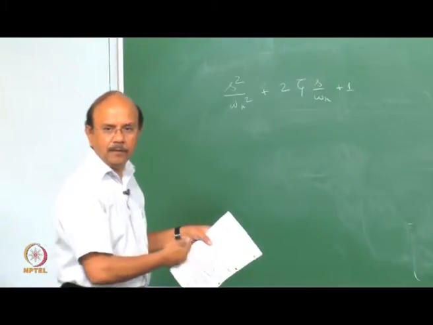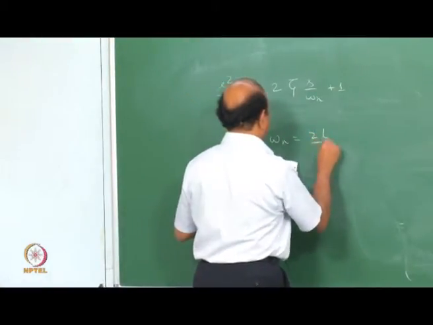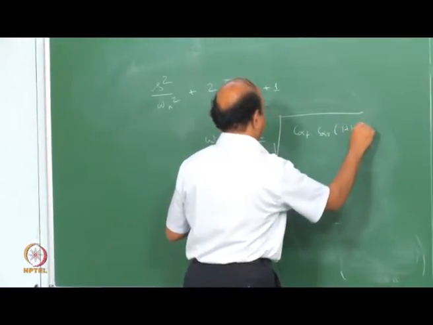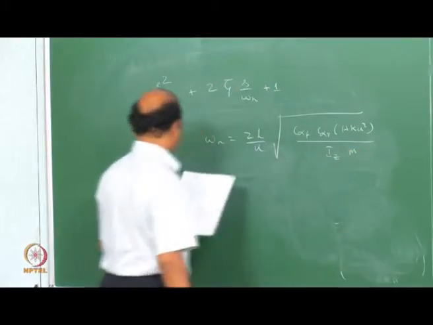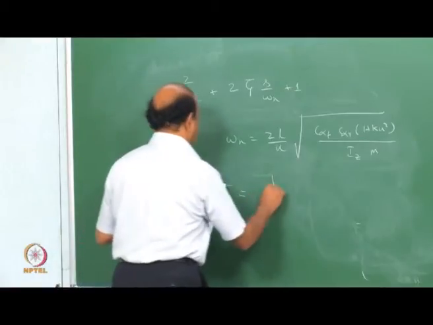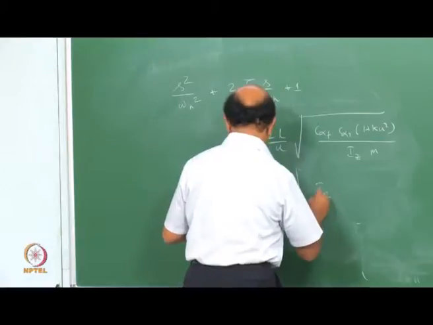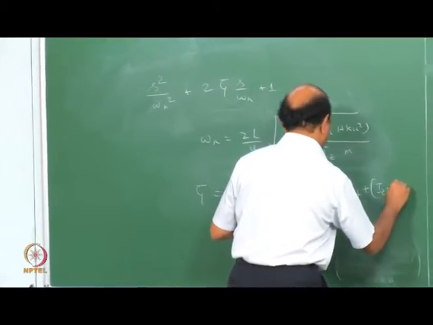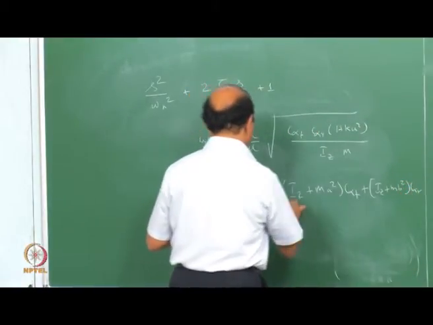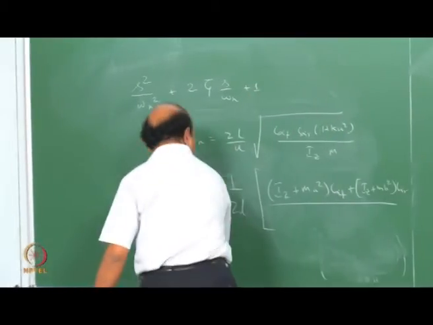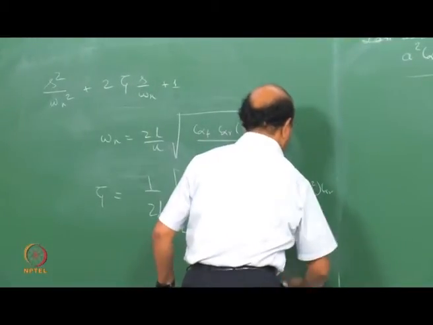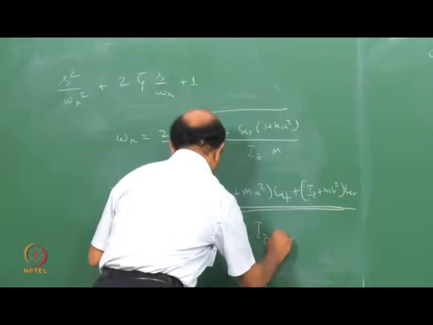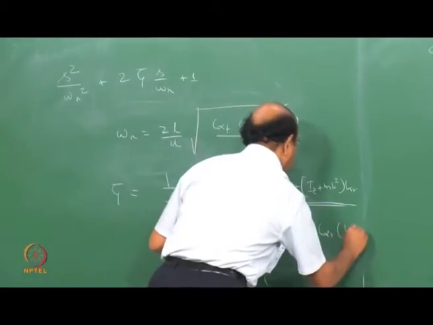So when I rewrite it in this form, I will get omega n to be 2L divided by U root of C alpha F C alpha R into 1 plus K U squared divided by IZ into M, and zeta to be 1 by 2L into IZ plus M A squared C alpha F, IZ plus M B squared C alpha R, divided by root of IZ into M C alpha F C alpha R into 1 plus K U squared.